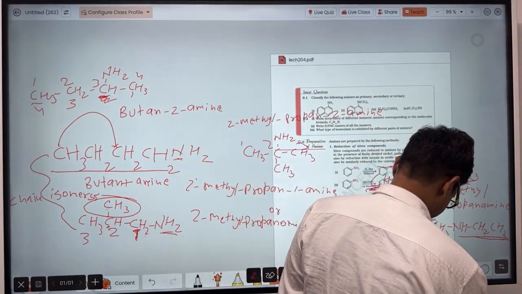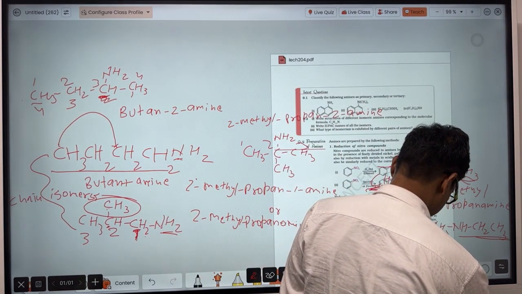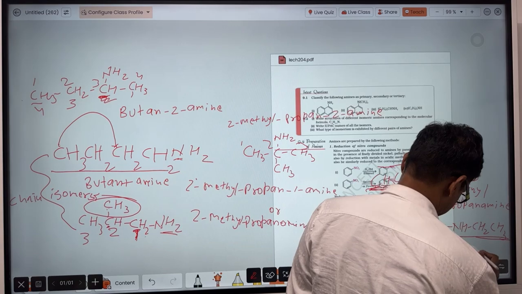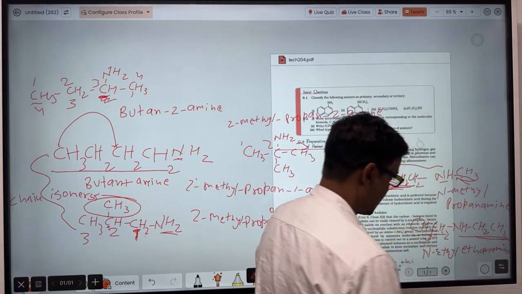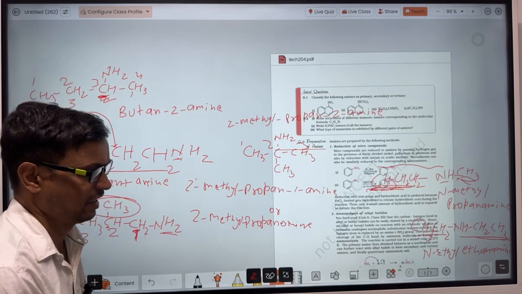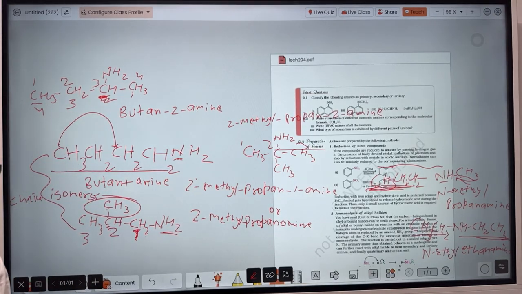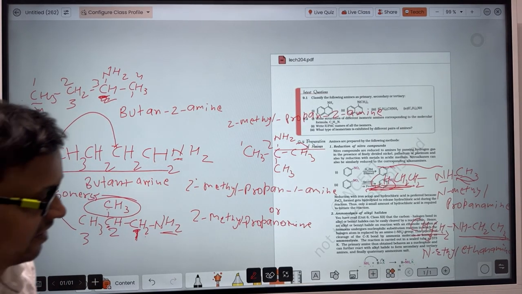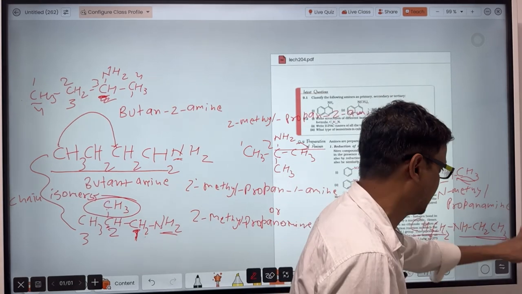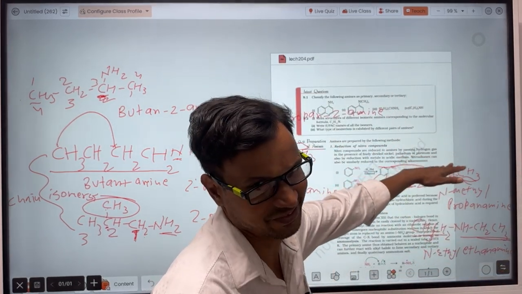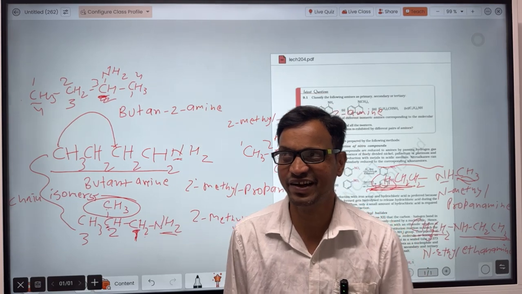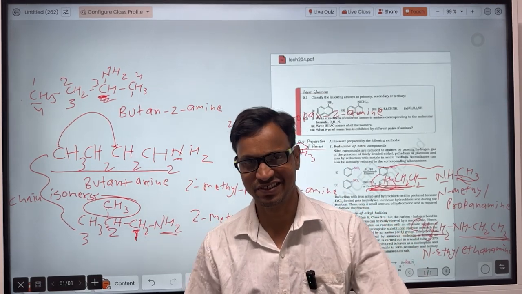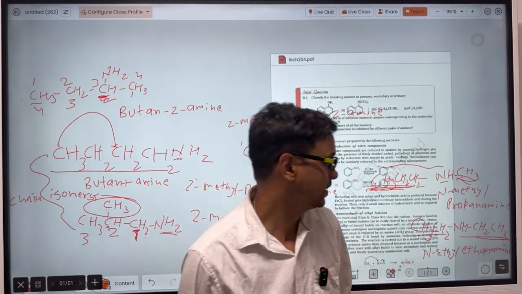So the IUPAC name of this compound is N-ethyl ethanamine. Okay. If you take this methyl, then again this compound will form. So their IUPAC name will be the same, and they will not be isomers; they will be different structures of the same compound.